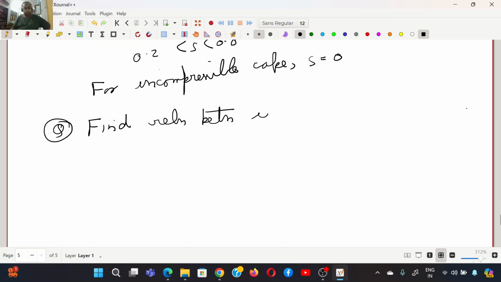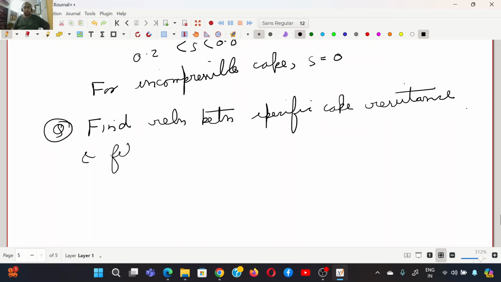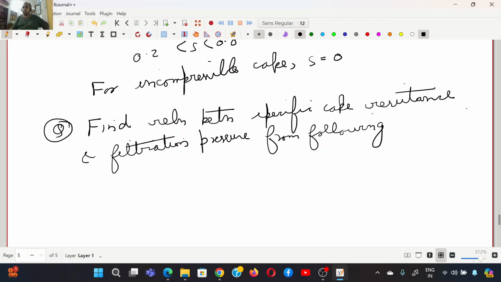Find the relation between specific cake resistance, that is alpha, and filtration pressure, from the following data obtained from a series of constant pressure filtration experiments.